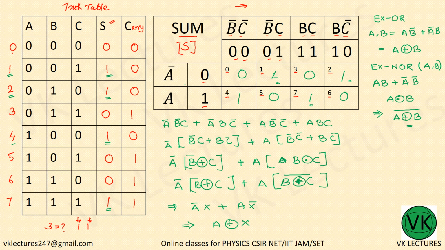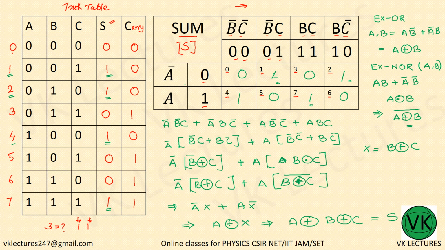X is equal to B XOR C. So that gives us A XOR X is A XOR B XOR C. So that is what our sum is equal to.